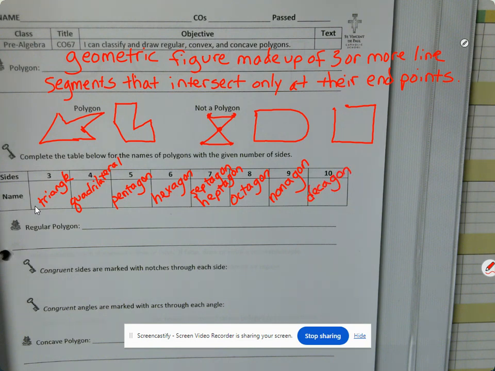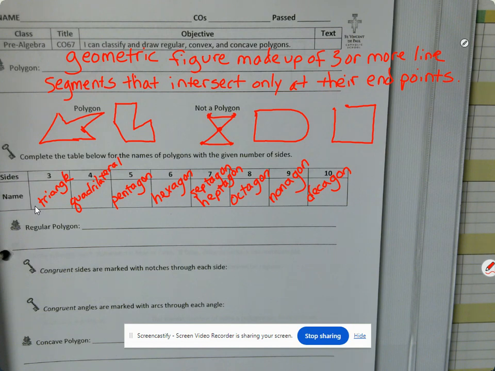Is a dodecahedron a 10-sided? It's the solid figure, not flat, like a cube is made up of squares. These are all flat shapes.